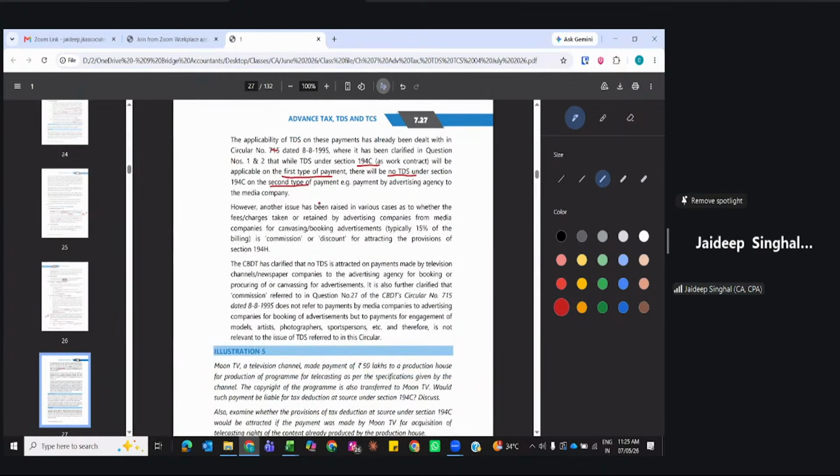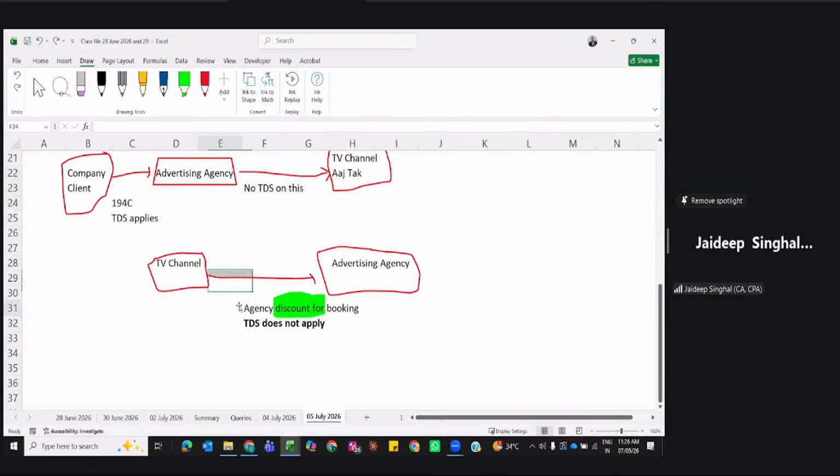However, another issue has been raised in various cases as to whether the fees or charges taken or retained by the advertising companies from the media houses for canvassing or booking the advertisement, typically 15% of the billing, attract TDS. The TV channel is paying commission to the advertising agency.